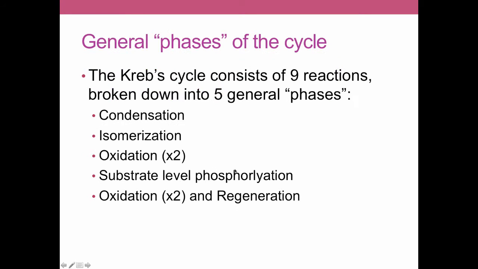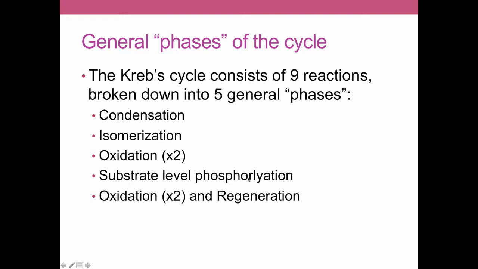All right. So the general phases of the Krebs cycle, as he mentioned, the Krebs cycle consists of 9 overall reactions, and we break it down into 5 general phases. So the initial condensation, where we take that 2-carbon acetyl group and stick it onto something. An isomerization phase, oxidation, and that actually happens twice.